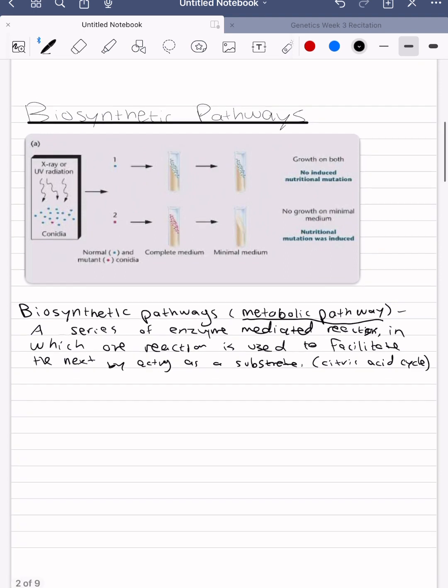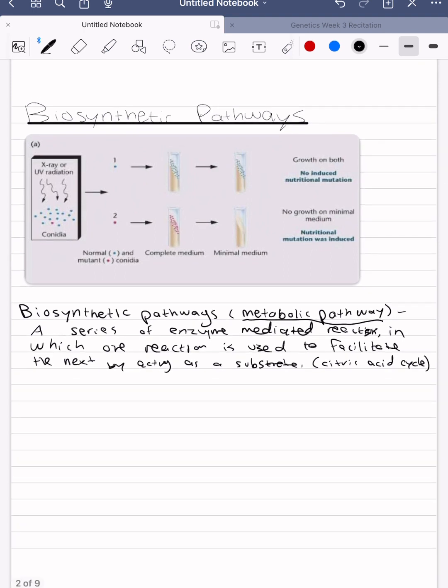As you can see in this image, we have an X-ray and we have Conidia, which is an organism that can grow on different types of media. The way biosynthetic pathways work is that an organism is set in a specific medium, and it can grow.